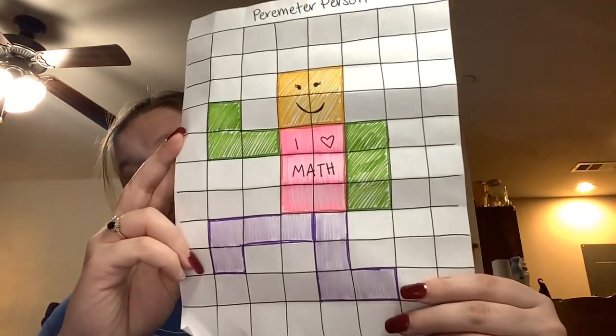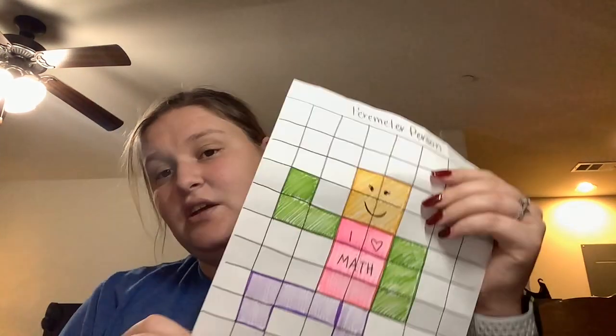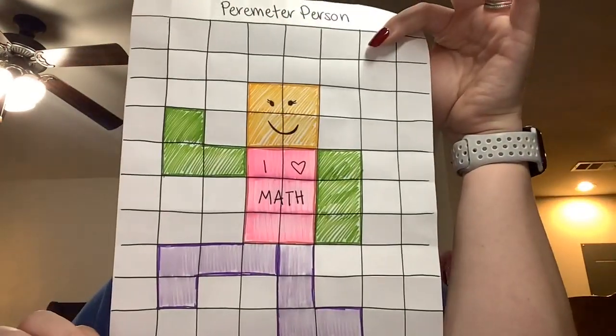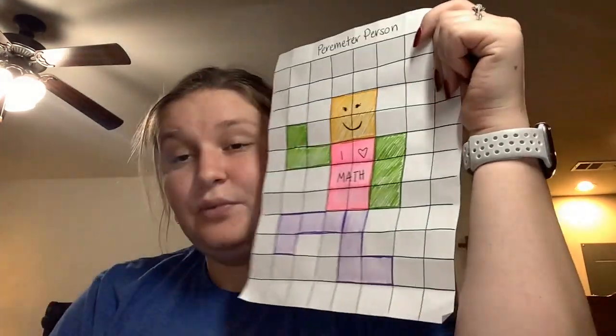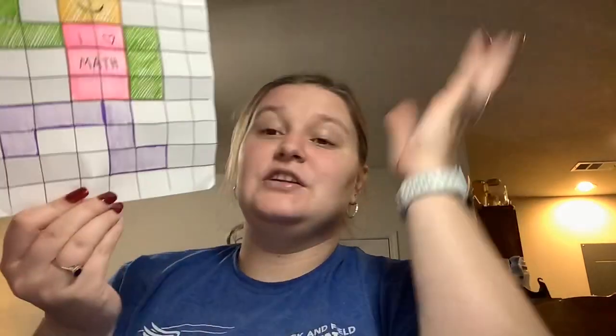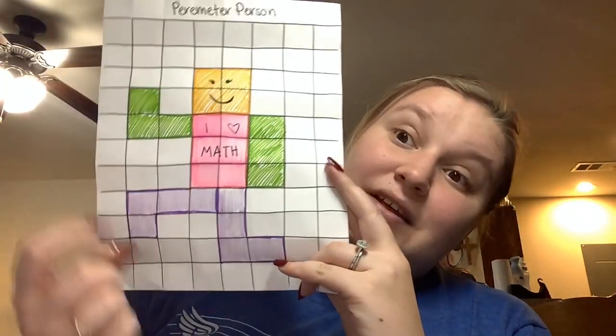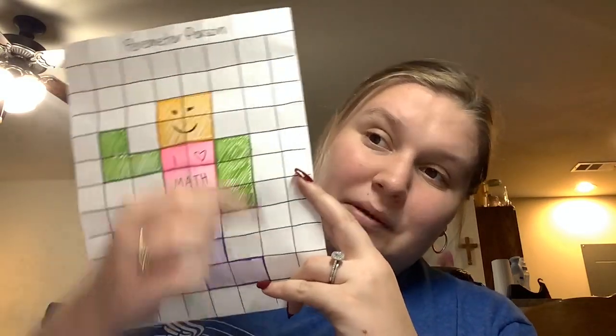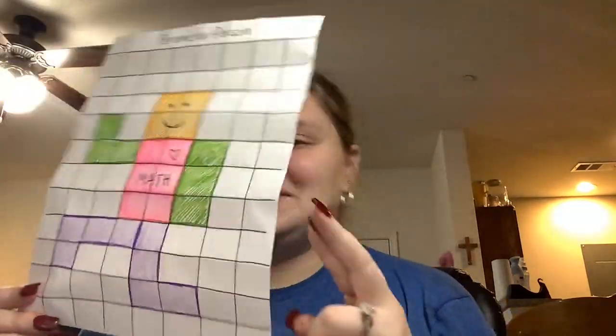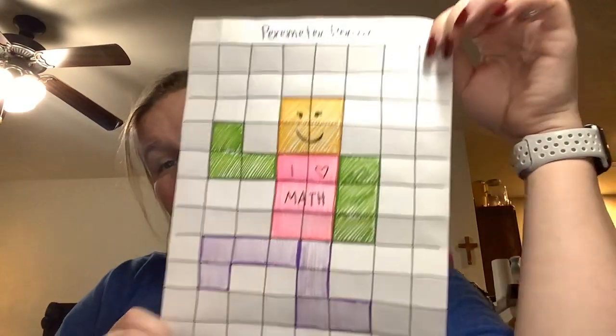In 2 days, when we are coming to a close of this lesson, we will find the perimeter and area of this man. So y'all just complete this for the rest of the class, and we will have a review tomorrow.